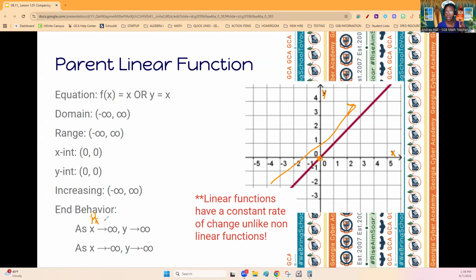But if you're looking at the right side of the graph, as x is approaching infinity, our graph itself is also approaching infinity. And then as x is approaching negative infinity, see that negative there? That means this is the left side of the graph. Our function is also approaching negative infinity. These are just some of the characteristics of a parent linear function. Again, this is just an overview. We won't be getting into that in much detail today.